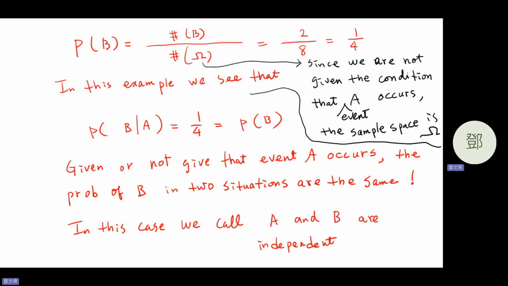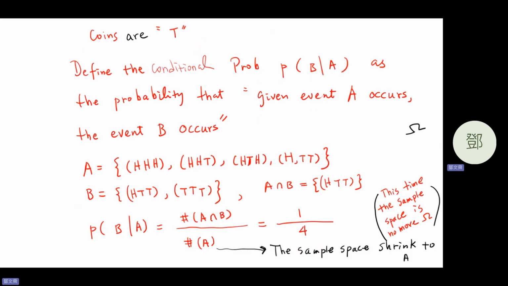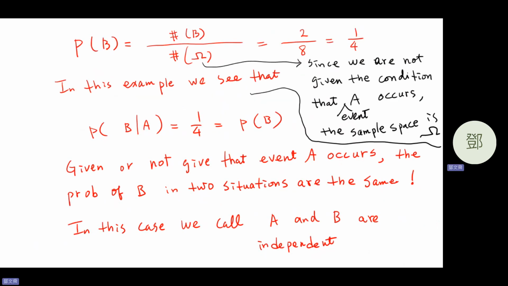Hey, see what we have. So what is the big deal about the two probabilities? The first probability is the conditional probability, the probability of B given that A already occurred. Given a condition, the probability is 1 over 4. And this time, the probability of B alone, not given the condition that A already occurred, is also 1 over 4.